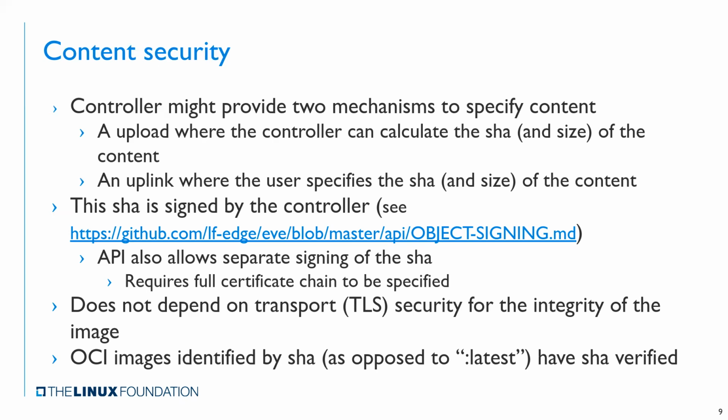As well as there's a way of saying, no, I want exactly this SHA of this content, and this is in the URLs that you use with Docker and OCI images. If you have a fully specified SHA in that name, now that top level SHA will be verified as well.